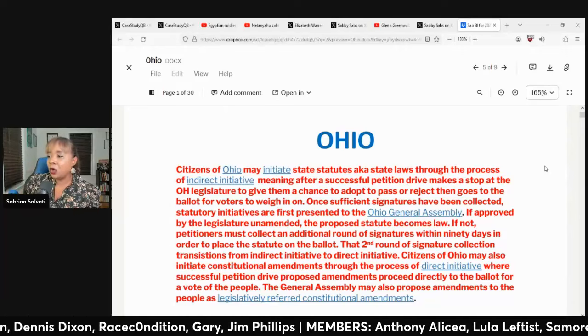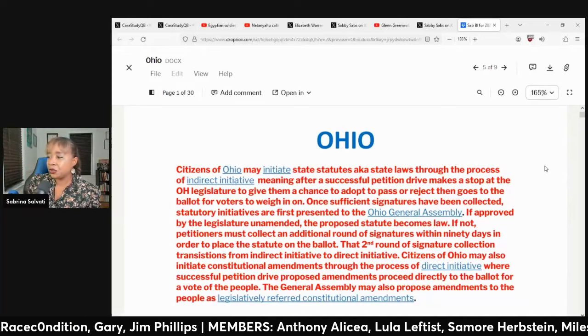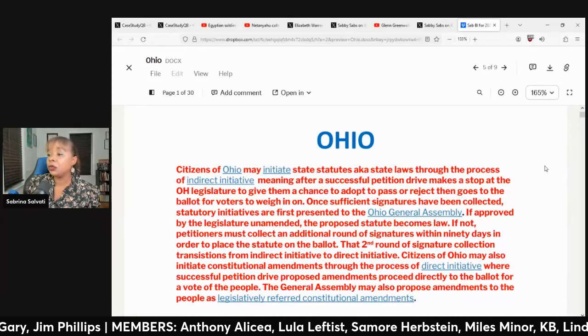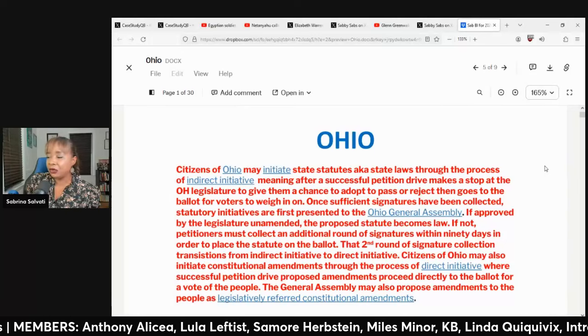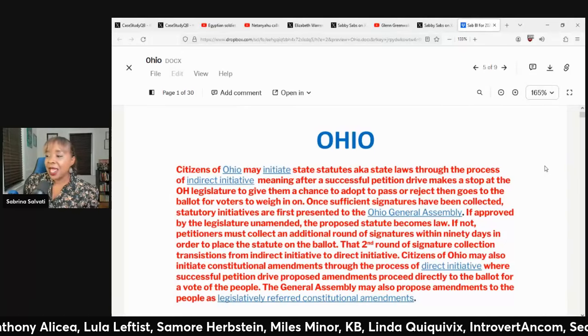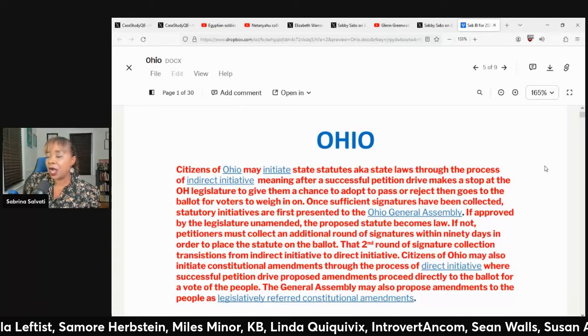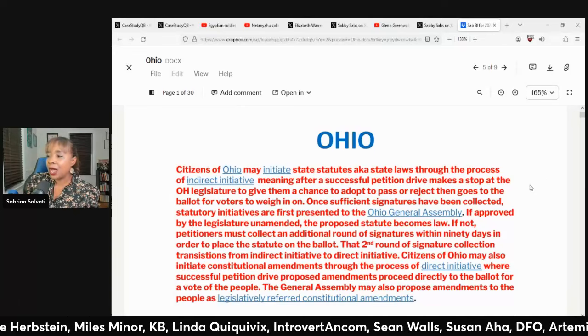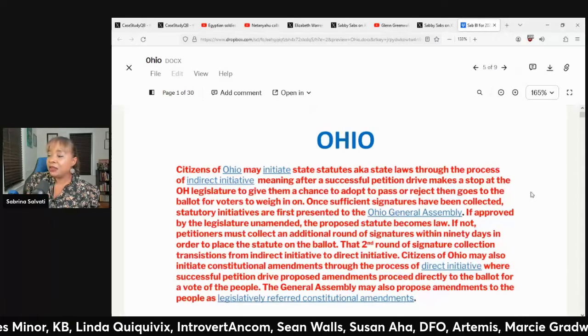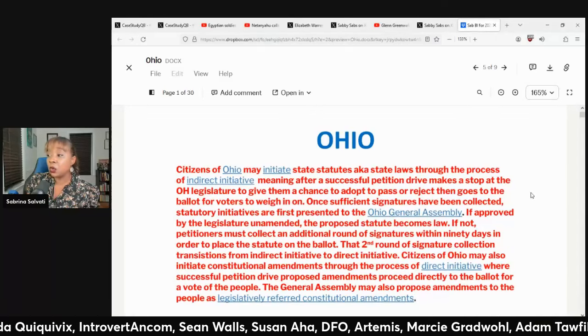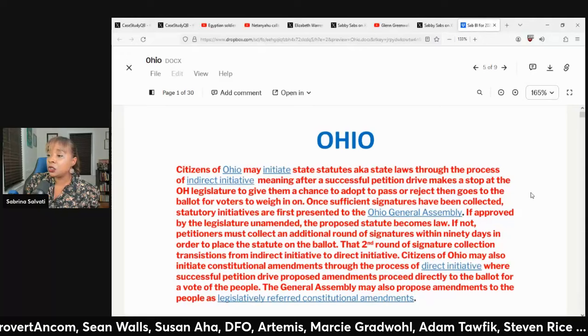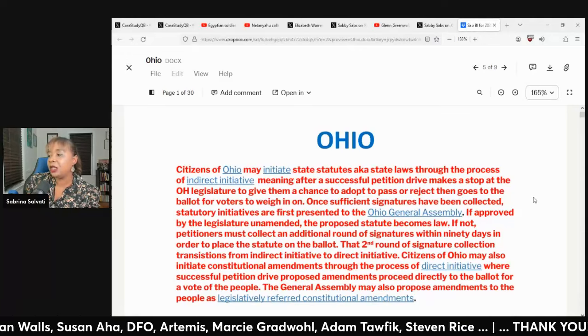Citizens of Ohio may initiate state statutes, aka state laws, through the process of indirect initiative, meaning after a successful petition drive makes a stop at the Ohio legislature to give them a chance to adopt, to pass, or reject, then goes to the ballot for voters to weigh in on.